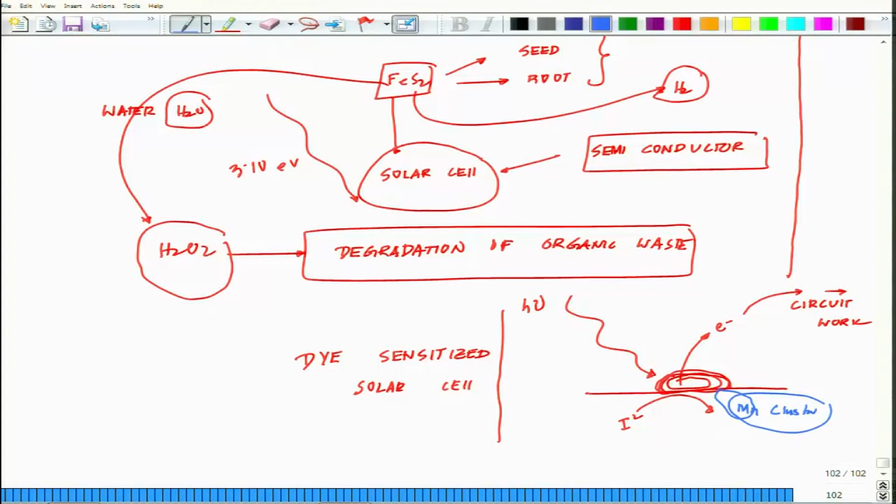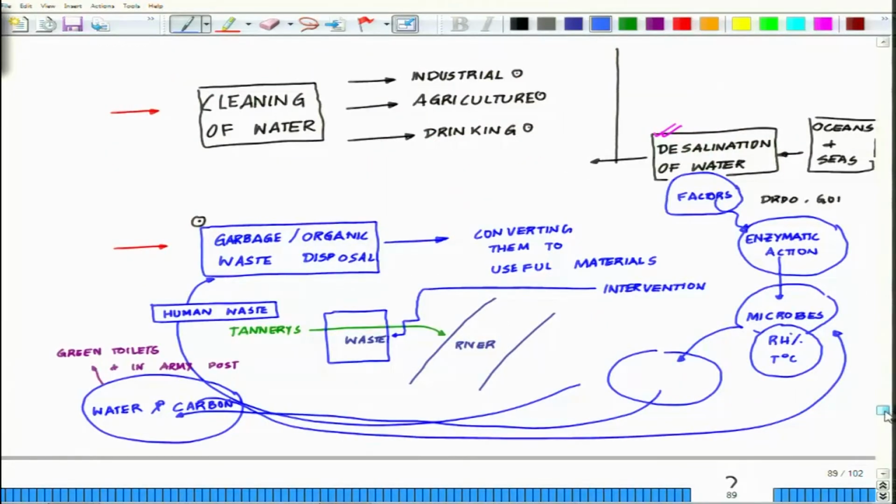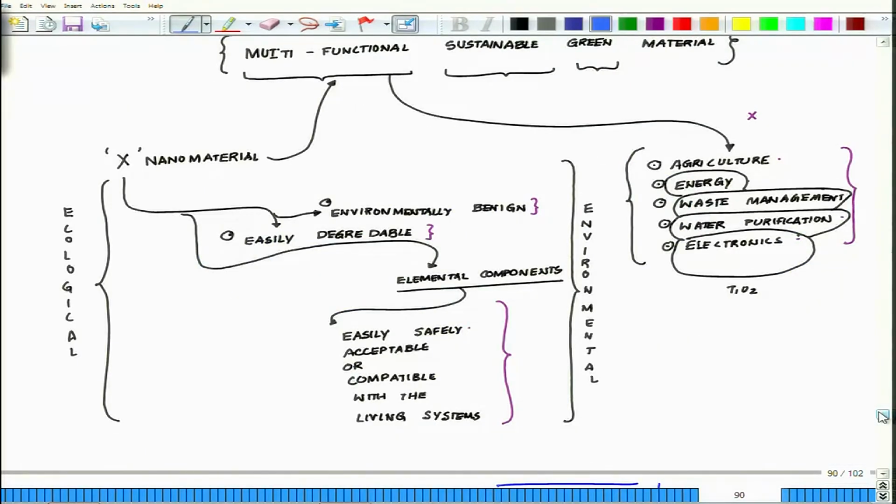So, coming back to where I started this journey with you, these are some of the points I again wish to highlight. The future: I told you about cleaning of water, industrial, agricultural, drinking, garbage and waste disposal, desalination of water, and what we are looking forward to is multifunctional, sustainable green material.